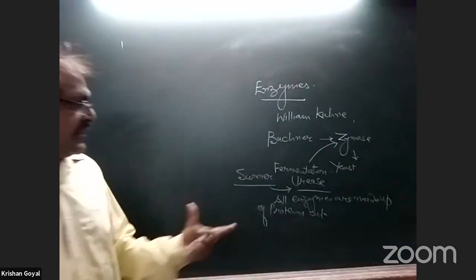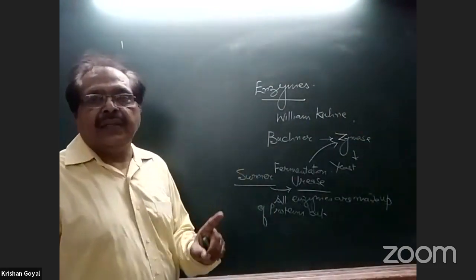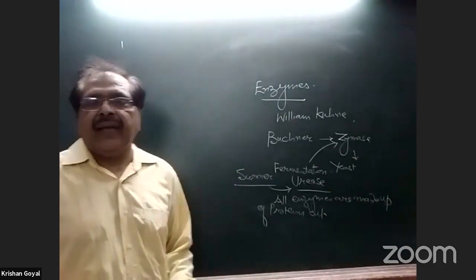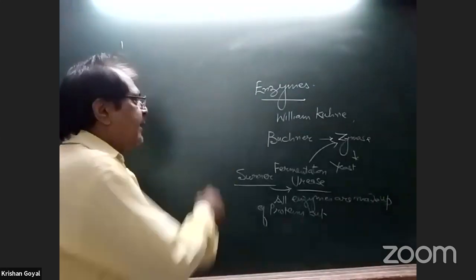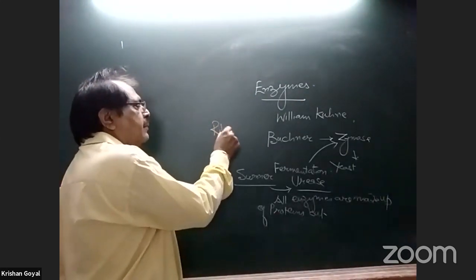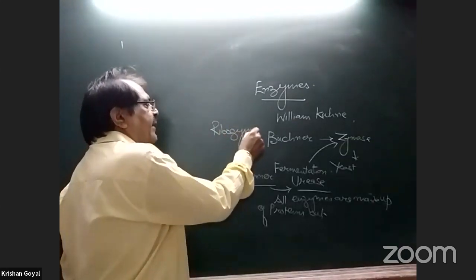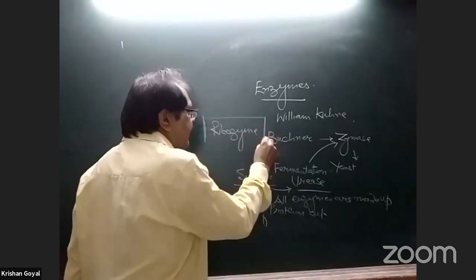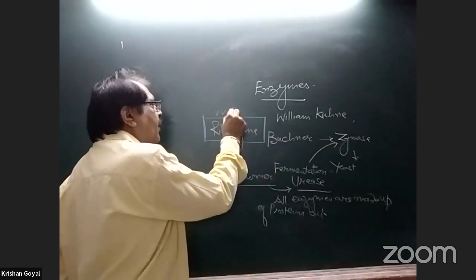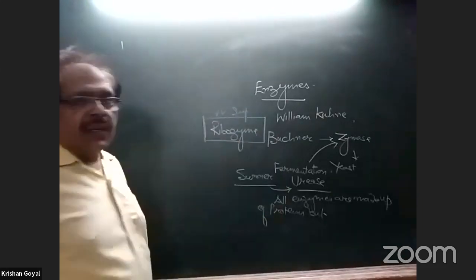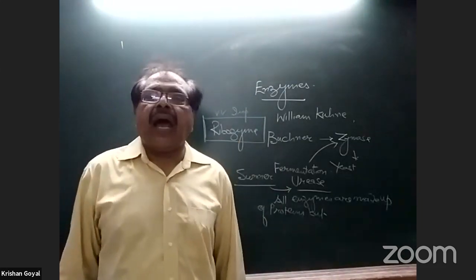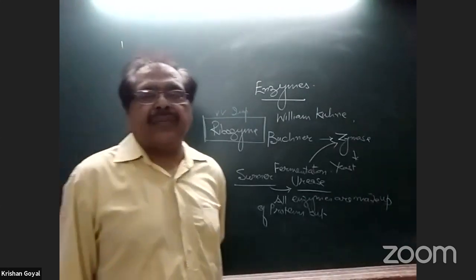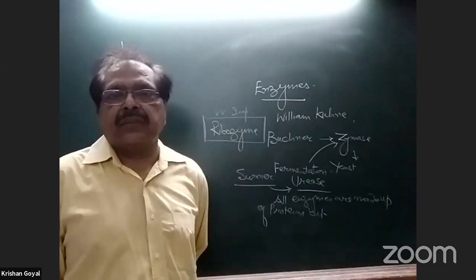But now, this statement is not much valid because there is one enzyme which has been produced from RNA, and that is called the RNA enzyme, the ribozyme. Very, very important question. It is not formed from amino acids or proteins.